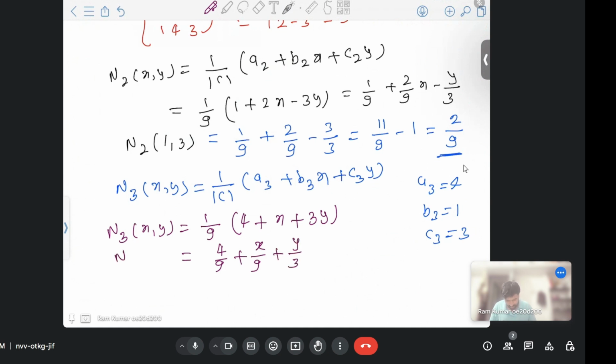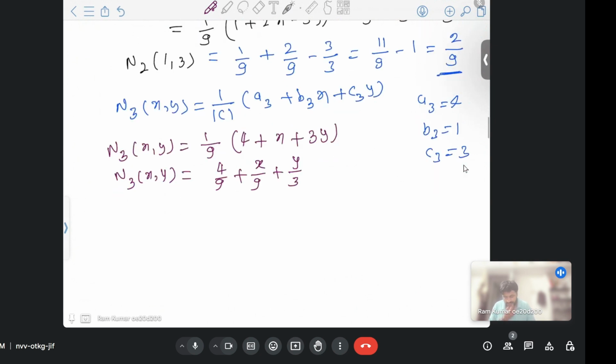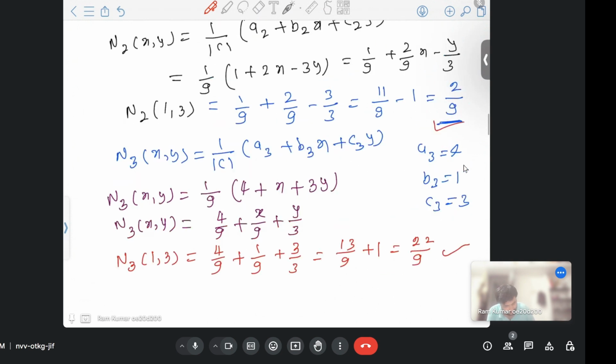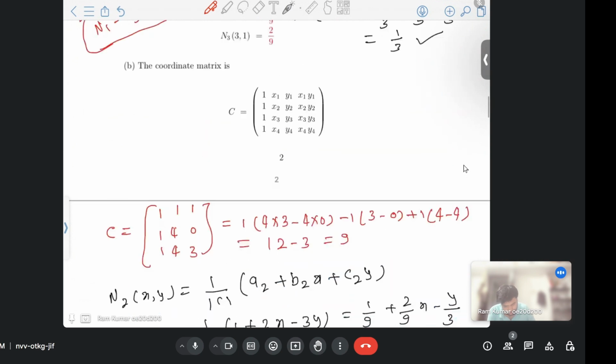This will be your n3. And what will be n3 at 1 comma 3? We are going to put 1 comma 3, equal to 4 by 9, 1 by 9, 3 by 3. It will be 13 by 9 plus 1, meaning 22 by 9. This will be your n3, and this will be your n2, and n1 we already calculated.